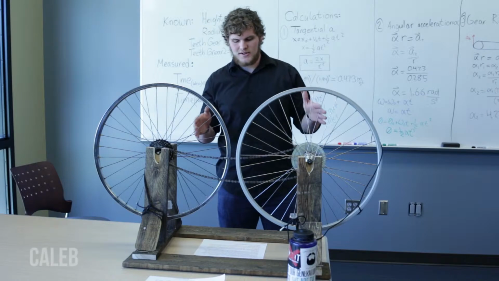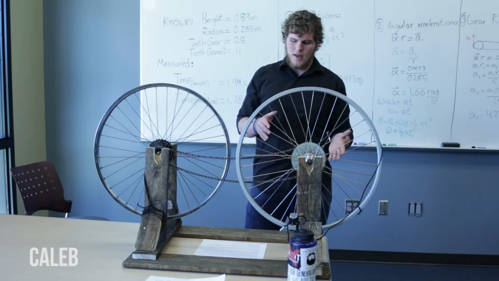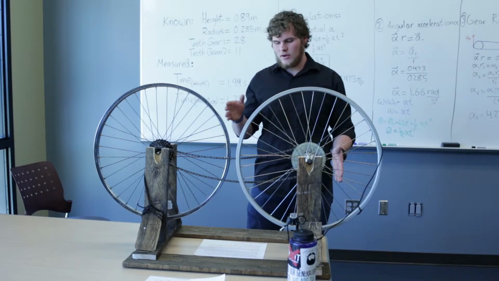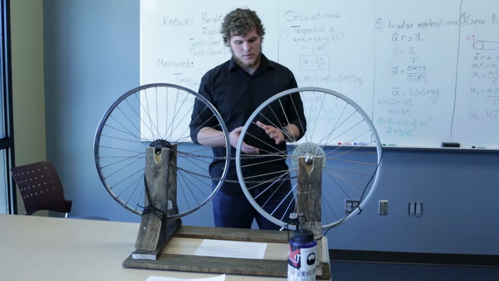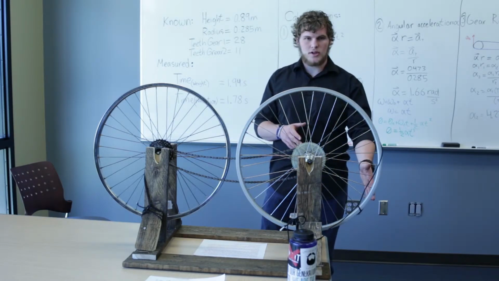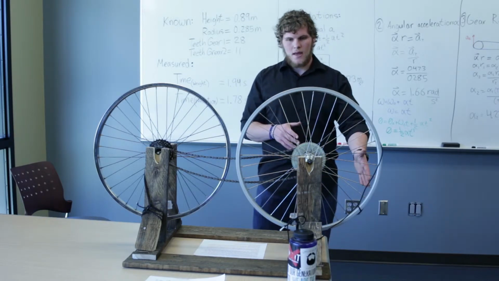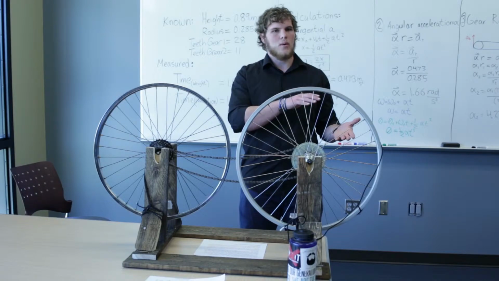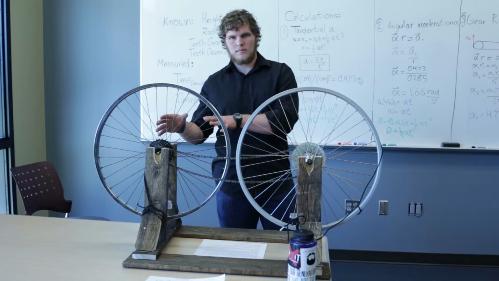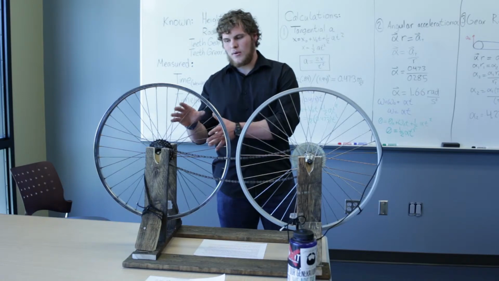In this experimental setup, we're going to observe how the equations that we use to relate tangential and angular motion are related to each other. We're first going to create a tangential acceleration and measure that, and then we're going to work our way through a system of equations and calculate the angular acceleration of the back wheel.